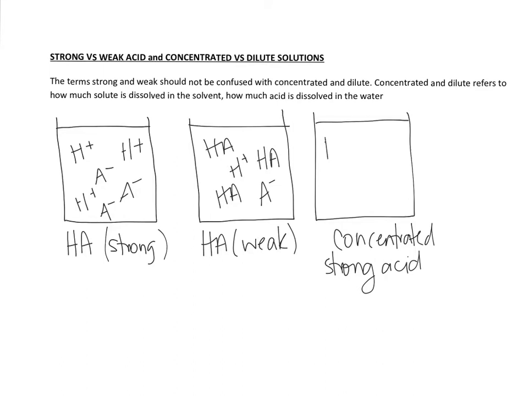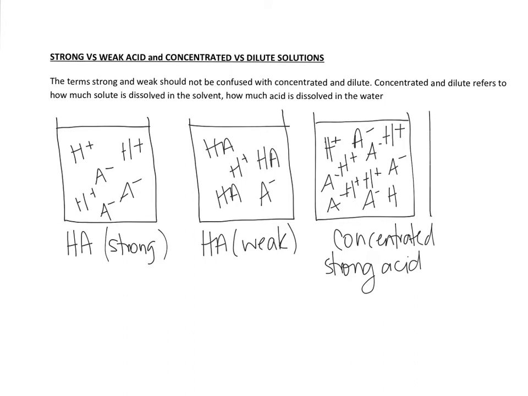So we have a lot of our ions because there's no actual molecules present. So there's lots of acid in our solution, which means there's a lot of ions.